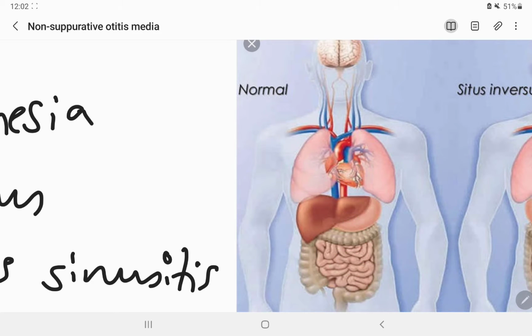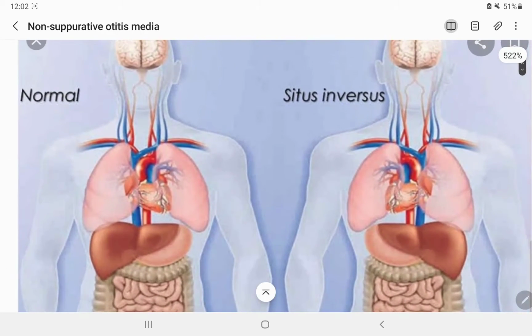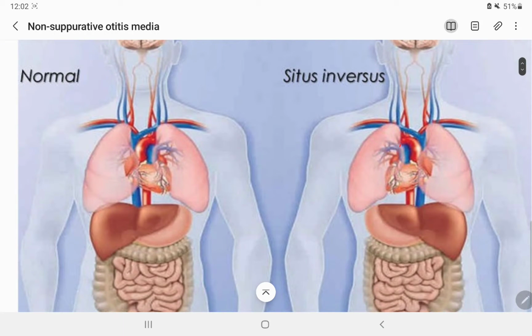But in situs inversus, look, it's just opposite, right? There are two lungs, that's accurate, but the heart instead of being on the left is on the right, right? And then the liver, sorry, the liver is on the left side, I got confused.